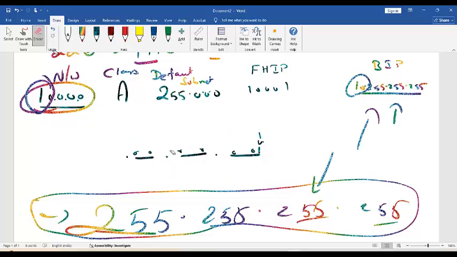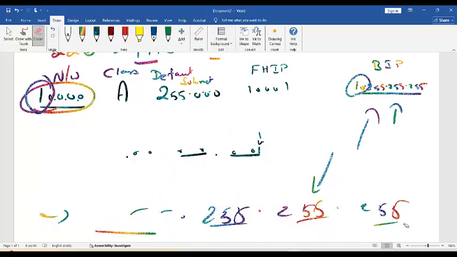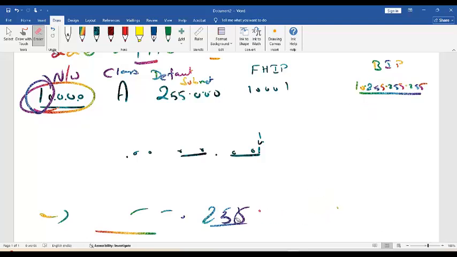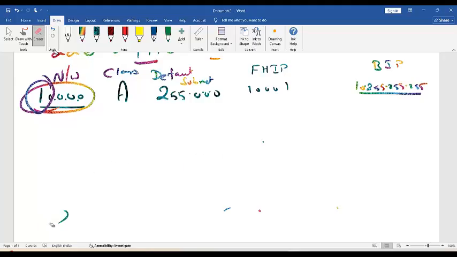So when you turn all the host bits on, you will not get the last IP, you will get only the broadcast IP. Then which one is the last IP in that network? One less than the broadcast, which is 10.255.255.254.